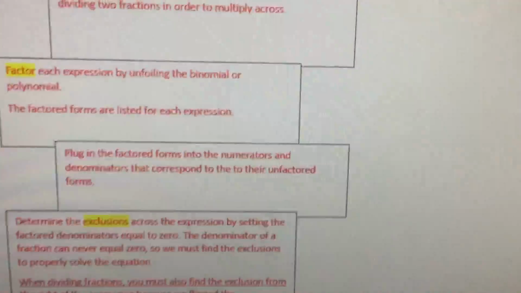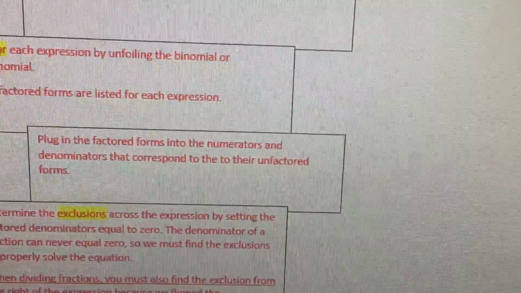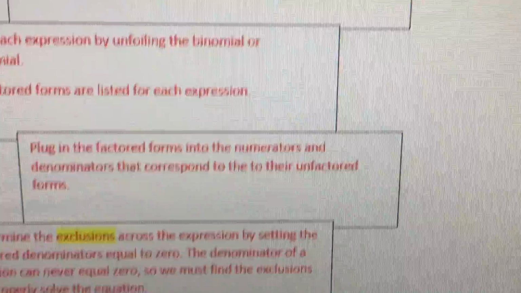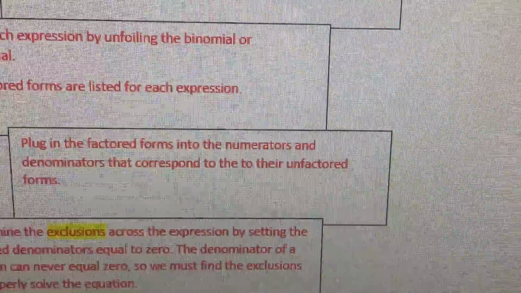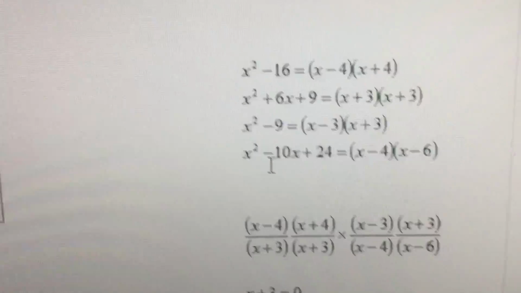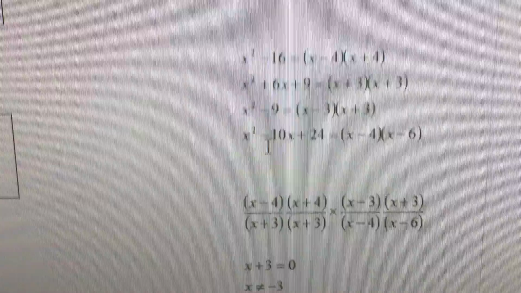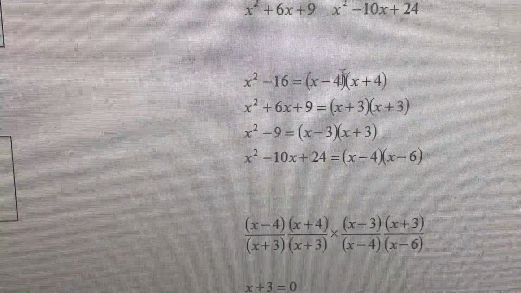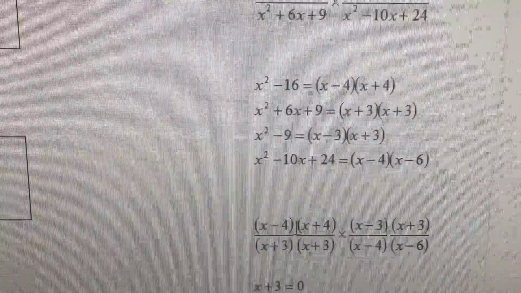Alright, so next we're going to plug the factored forms that I just gave you into the numerators and denominators that correspond to their unfactored forms. Basically all we're doing is plugging these into the correct spot.